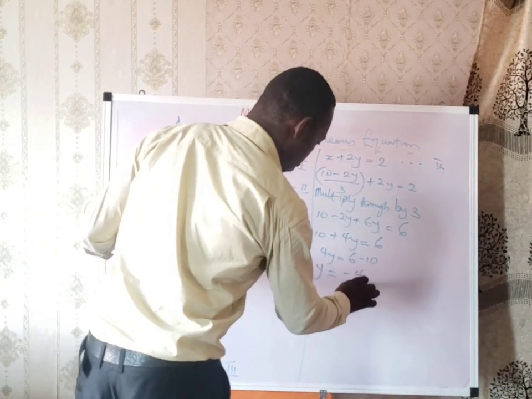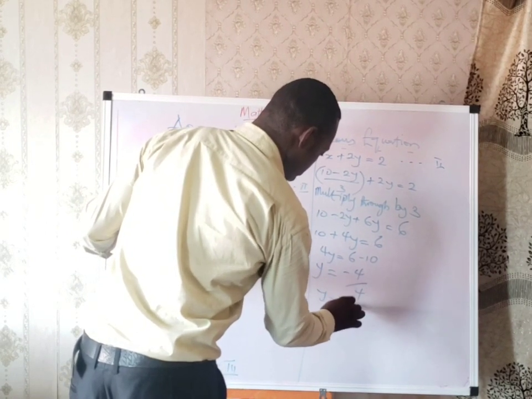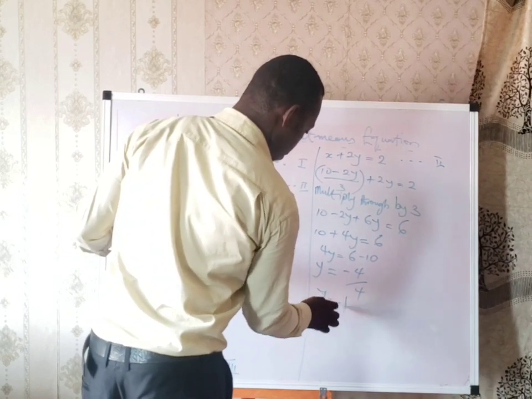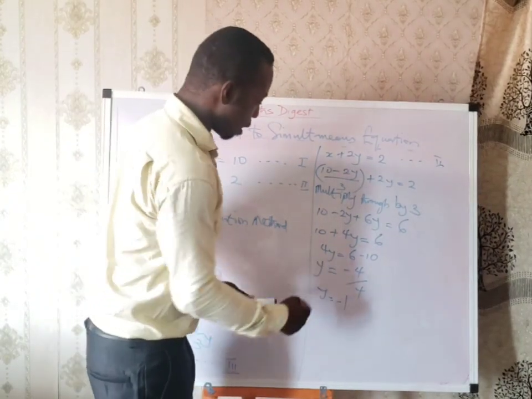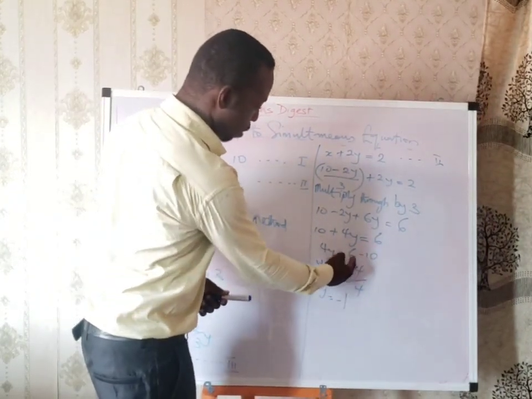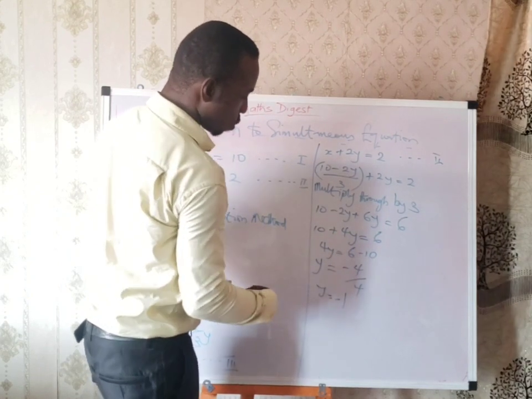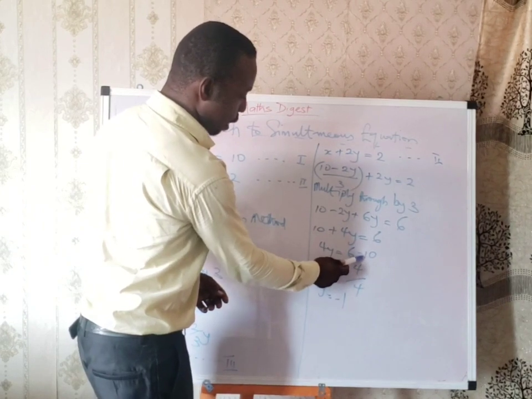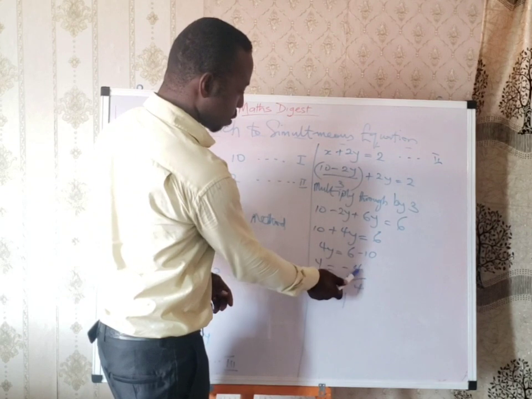So 4y is equal to minus 4, and y is equal to minus 4 over 4, so y is equal to minus 1. I believe you understand what I did: 6 minus 10, and since 10 is bigger than 6 and bears the minus sign, we end up with minus 4.